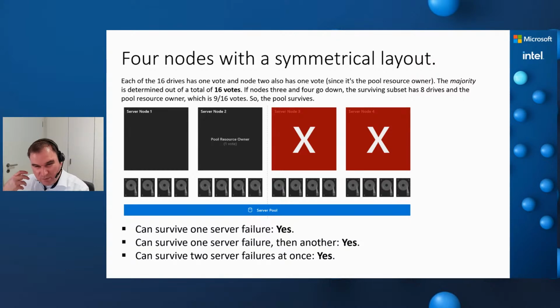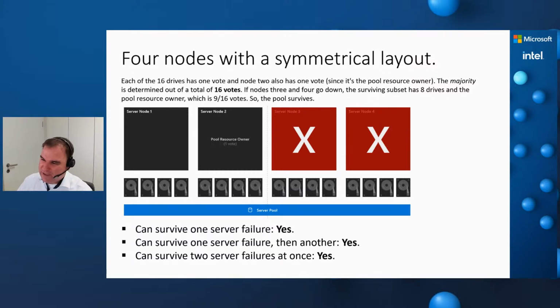But if a complete server fails, we have several disks offline. And there we must think about how Azure Stack HCI handles this. Azure Stack HCI will always check, if a disk fails, whether we still have the majority of disks online.